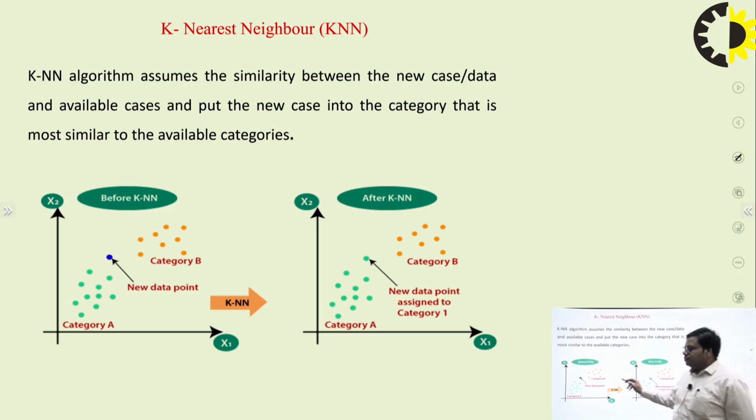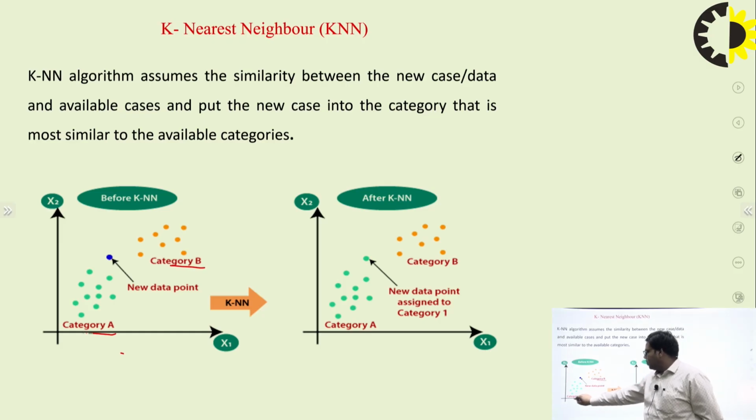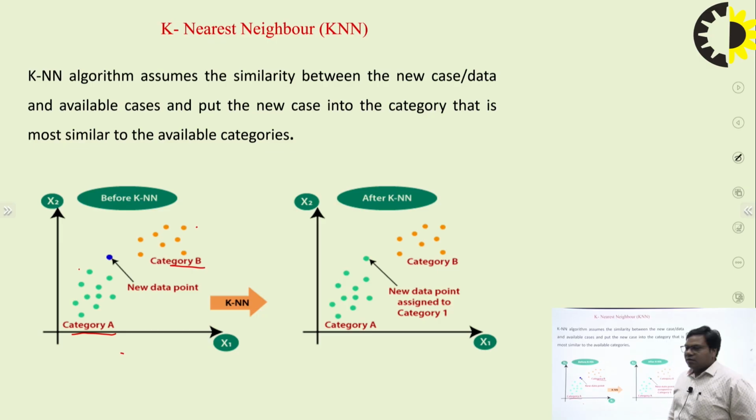So suppose we supplied a data set having data points of the two classes, class A and class B, which are represented using the colors yellow and green.